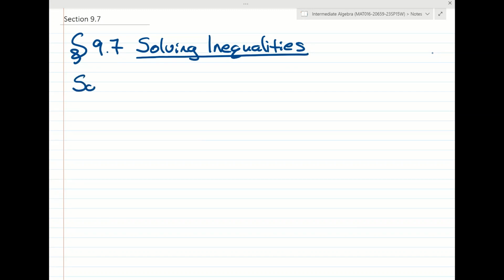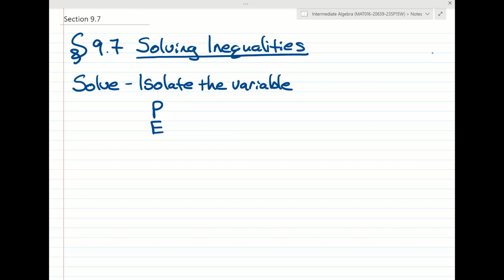Now, in our last class together, we talked about some vocabulary. We talked about the word solve just means to isolate the variable. In math, isolate means to get by itself. And we talked about how to solve equations. And I mentioned PEMDAS that you probably learned about in high school.